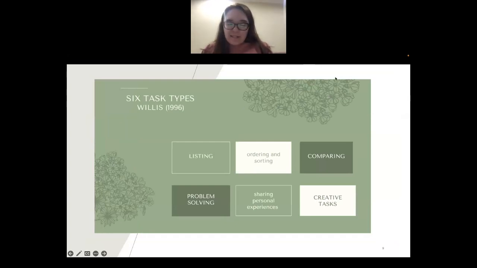Then six types of task by Willis in 1996: listing, ordering and sorting, comparing tasks, problem solving, sharing personal experiences, and creative tasks. In fact, it covers almost all types of tasks, especially in foreign language learning.